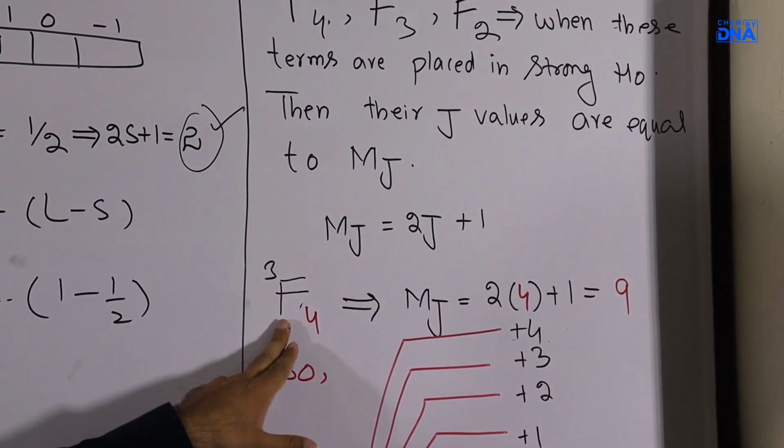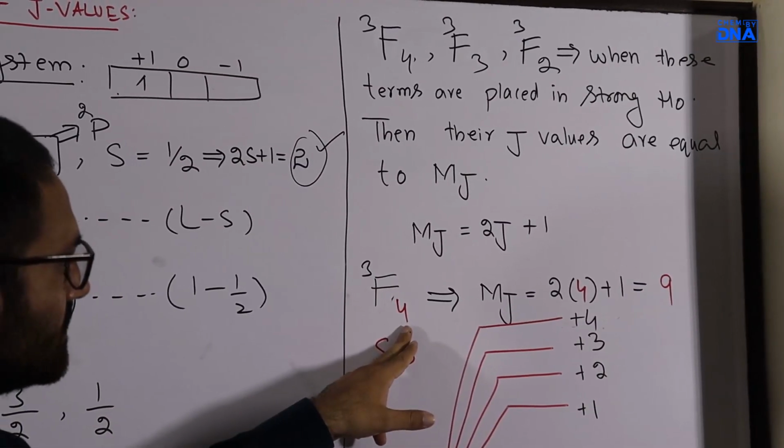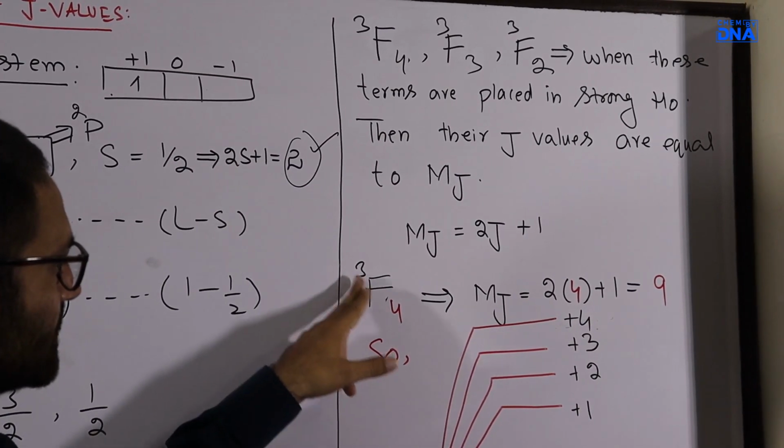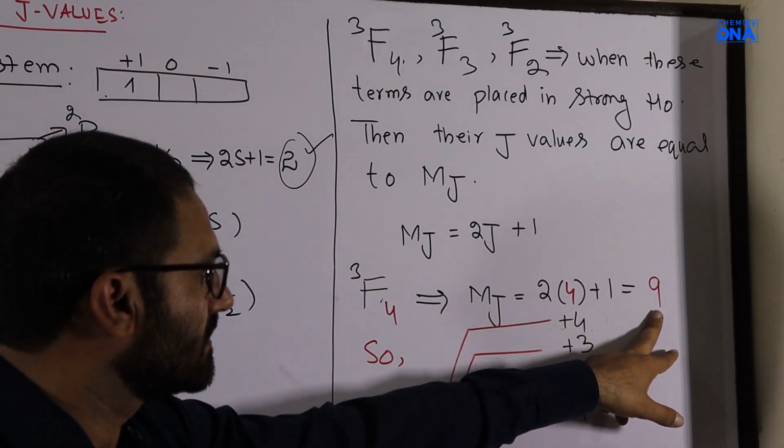Okay, this is the first spectroscopic term, which is F triplet 4. This will be pronounced as F triplet 4, where you will get the Mj values equal to 9.